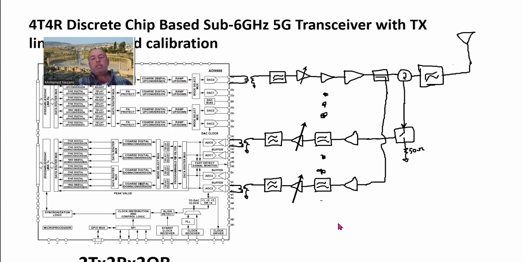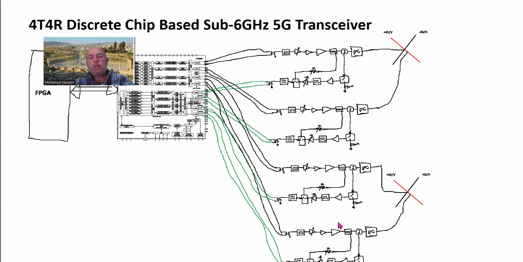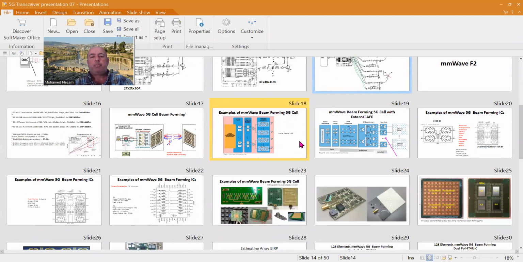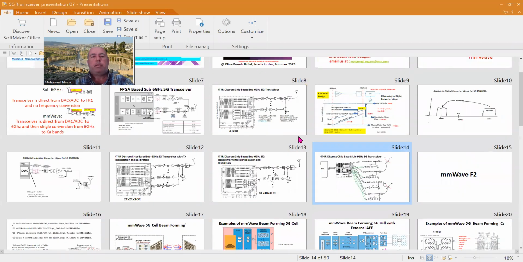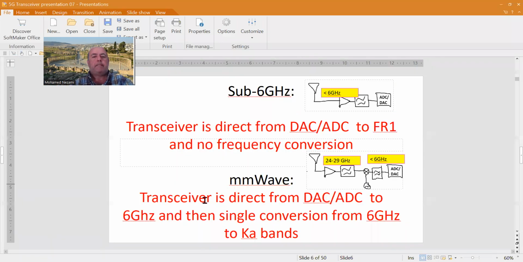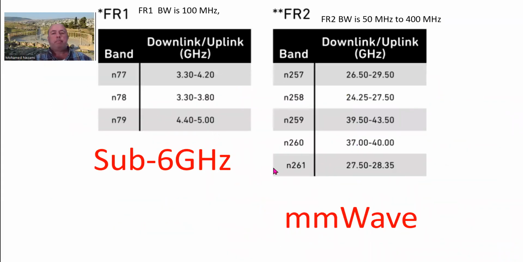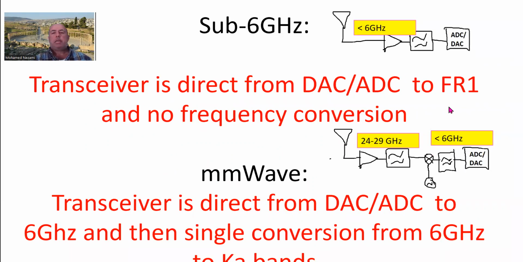And like I said from the beginning, for the sub-6 gigahertz band, we don't utilize any frequency translation, and that's what we just covered.